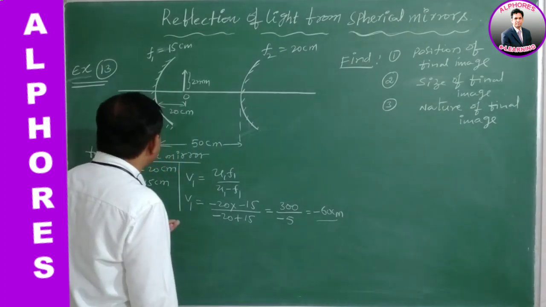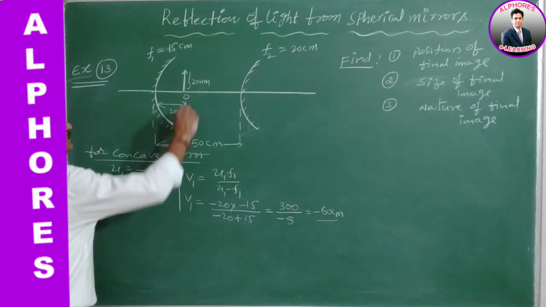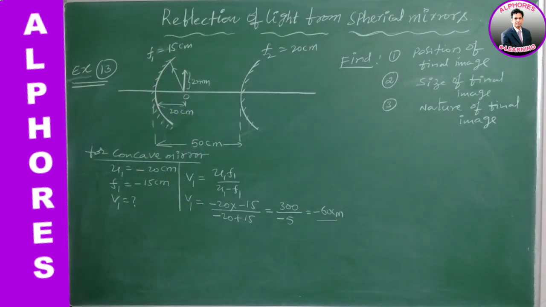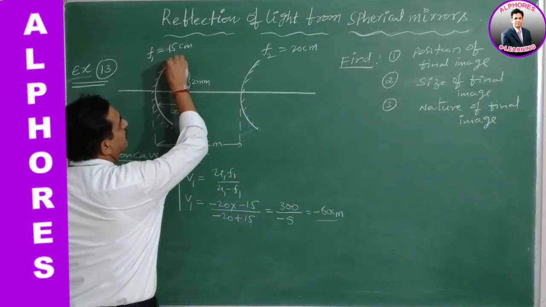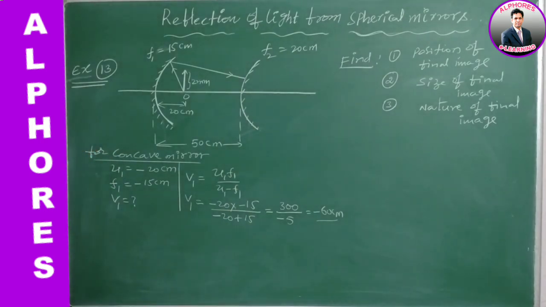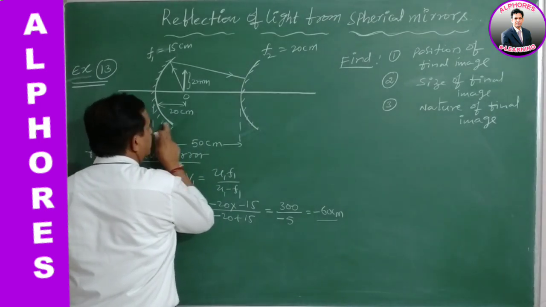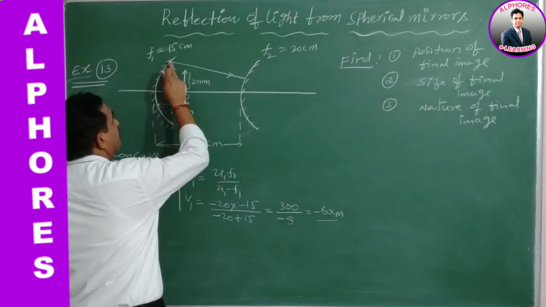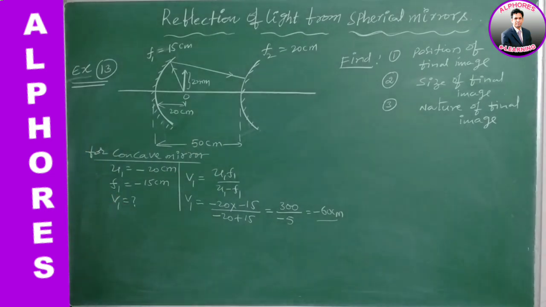Let us see in the diagram how we can imagine the ray path. Consider the ray incident on the first mirror, the concave mirror, and after reflection it is incident on the convex mirror. The distance from the concave to the convex mirror is given as 50 centimeters. After reflection, the corresponding image is formed at a distance of 60 centimeters.